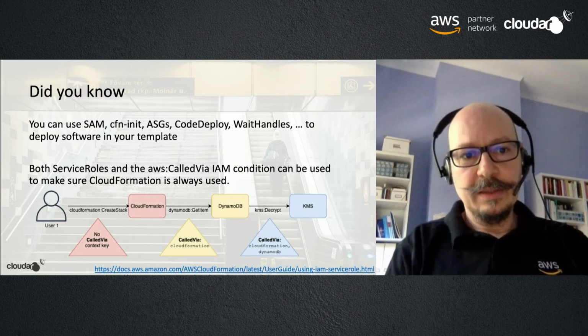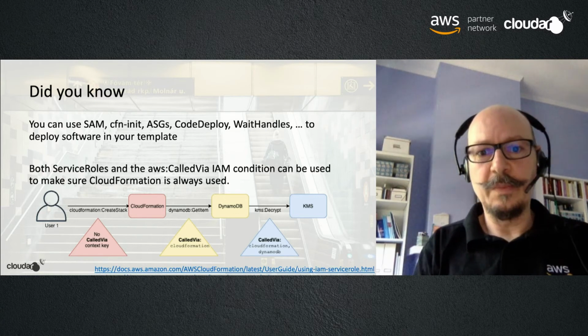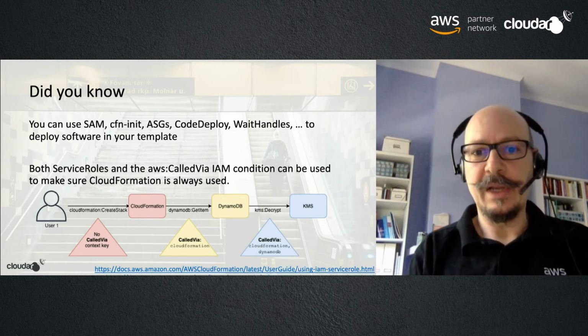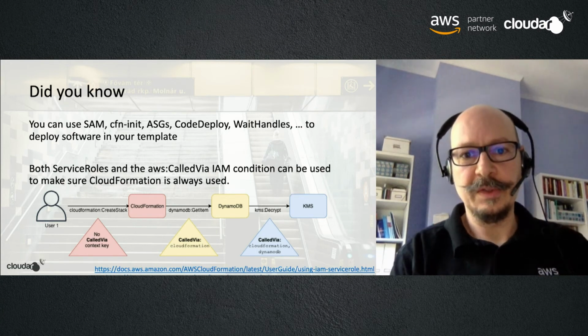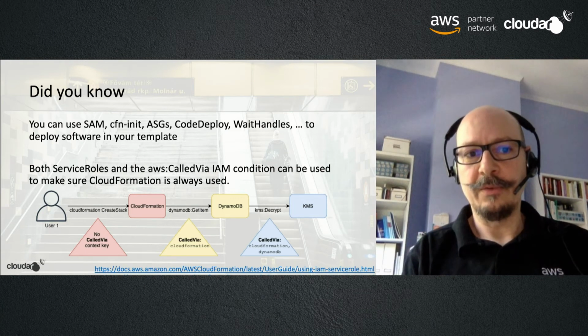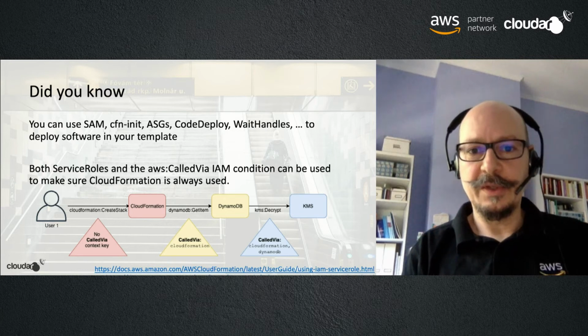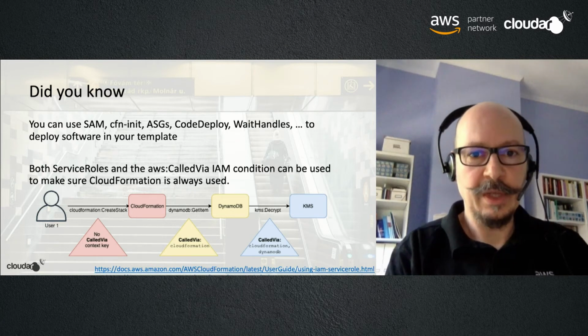The second thing that is also to be noted is you have multiple ways to pass the right privileges to the different resources to actually deploy the resources documented in your template. So the first thing that everybody normally uses and knows is the service role.